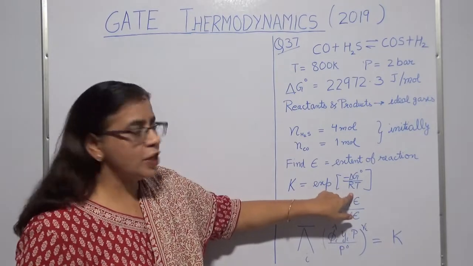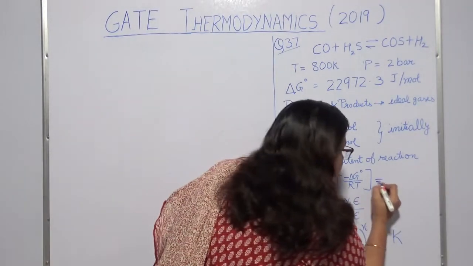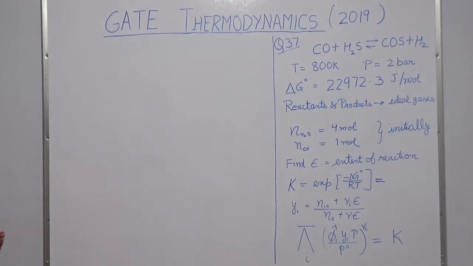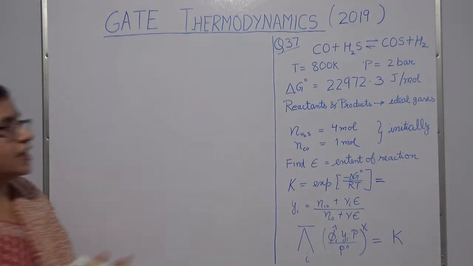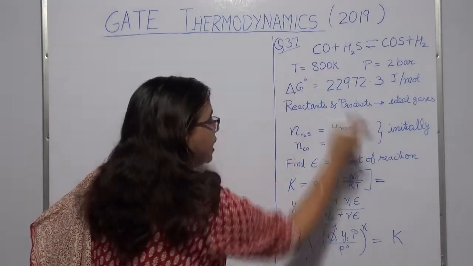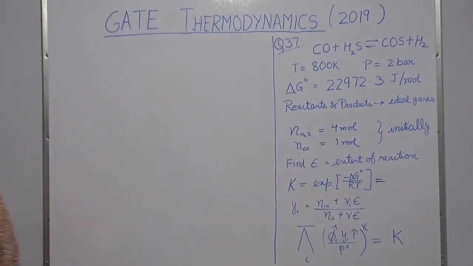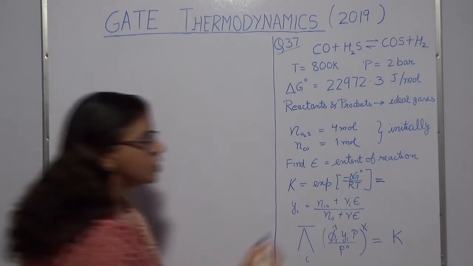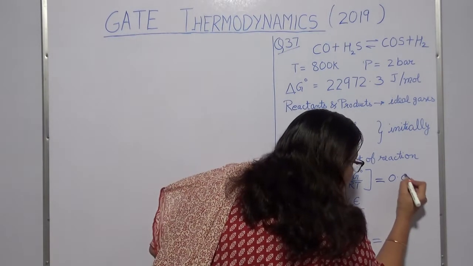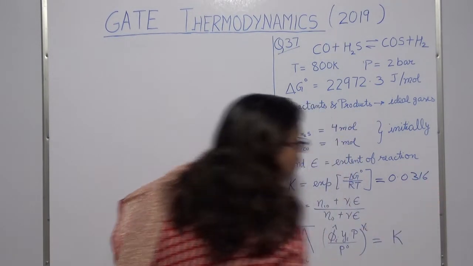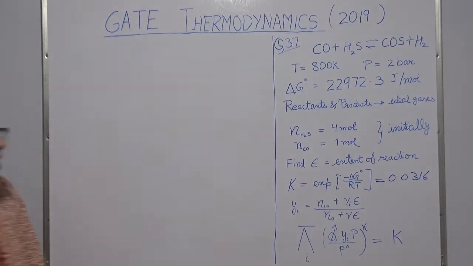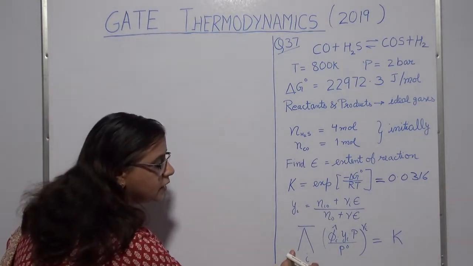I will put everything over here, and my first step will be to calculate the value of K. I am just writing the value directly. You can just plug these values in and quickly find the value of your equilibrium constant. It comes out to be 0.0316.